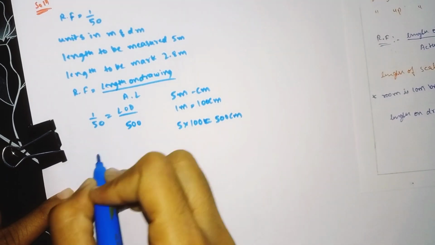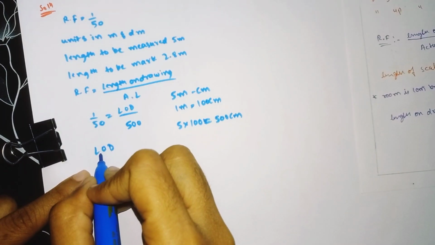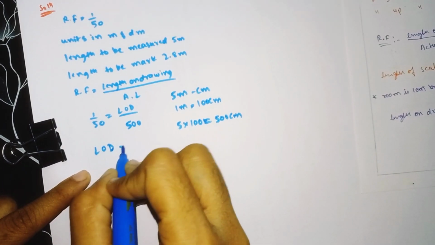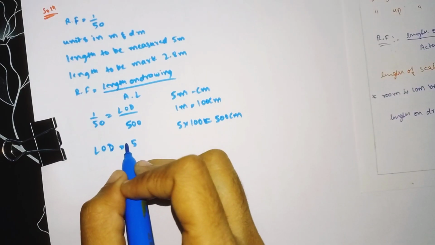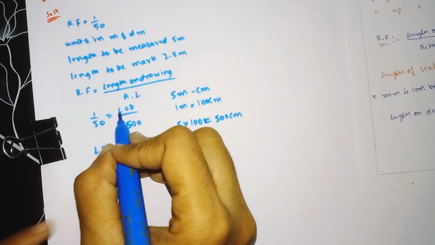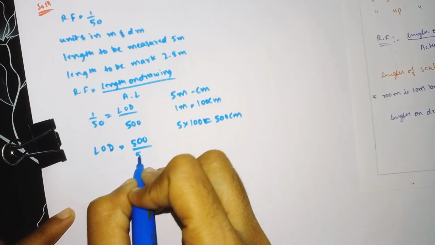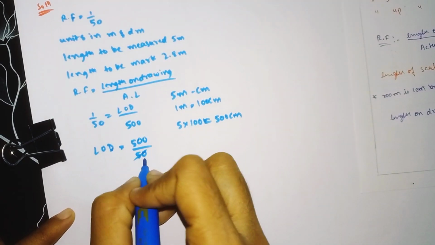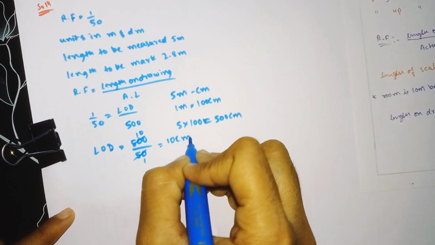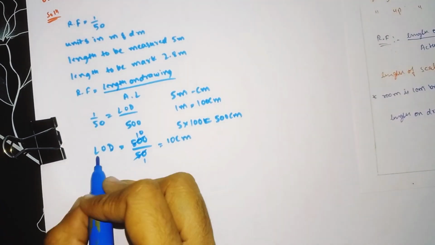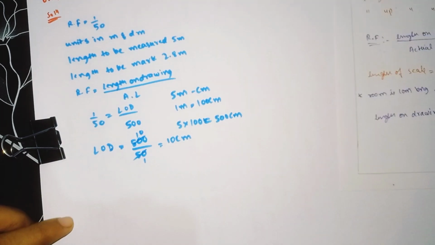I am taking this to this side. The length of drawing is equal to 500 divided by 50. So it will be 10 centimeter. So our length of drawing is 10 centimeter we got.